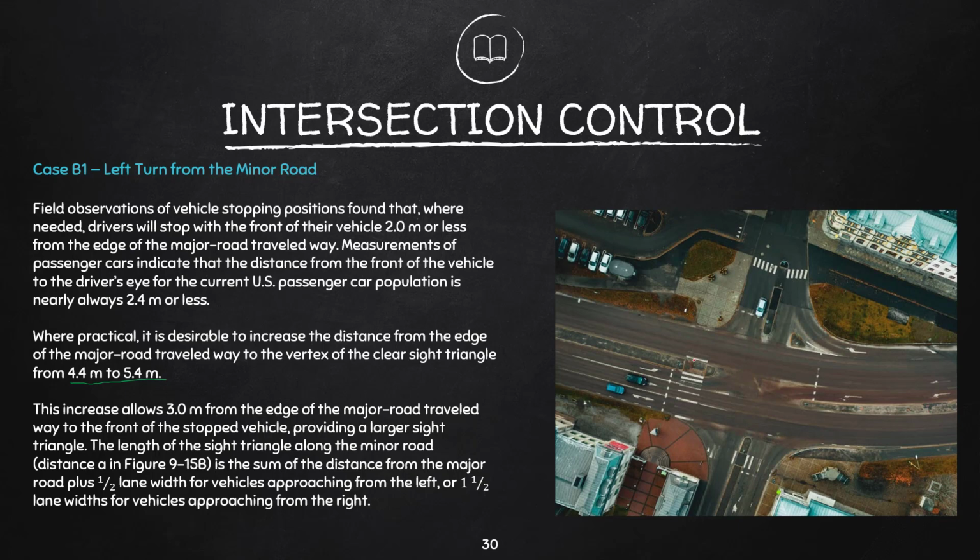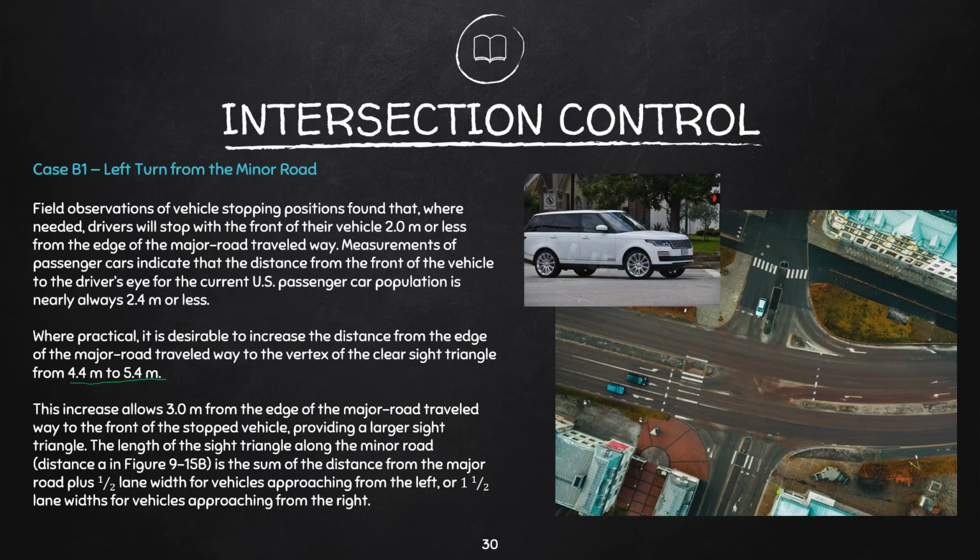So these are the median roads or median of the roads that was discussed a while ago. So here, that is what I said earlier, from this portion up to the driver's eye, that is about 2.4 meters.